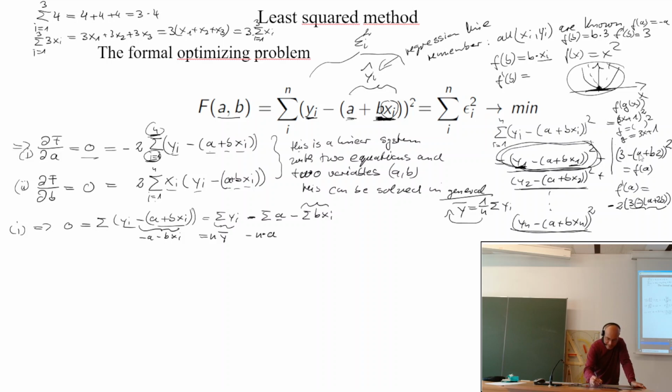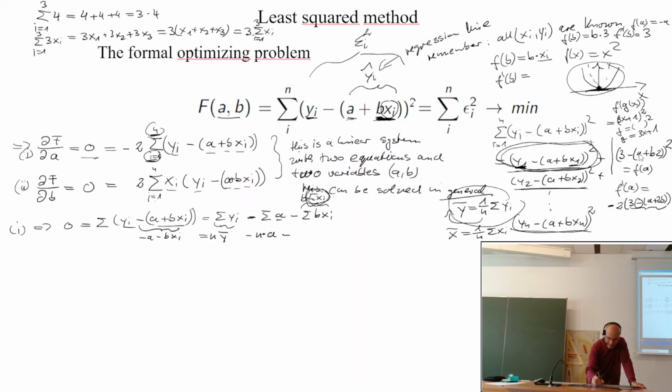So this is b times the sum over x_i. But remember, of course, also x bar is 1 over n times the sum over x_i. So this part here is then just n times the arithmetic mean of x.